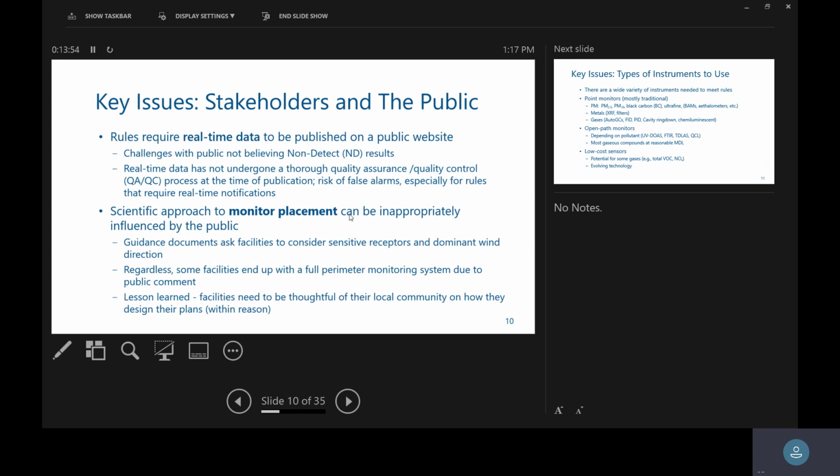In the current rules, as far as I can tell, any type of fenceline monitoring, a lot of it, if not all of it, is driven by public demand. So ultimately, the public wants to see the data. That includes non-detects, and I always say non-detects do have value.